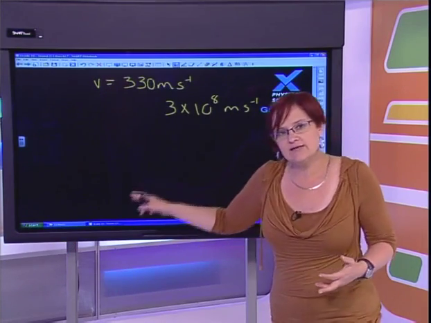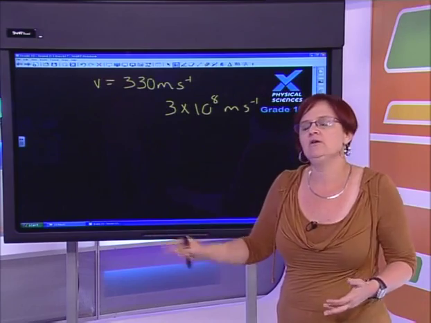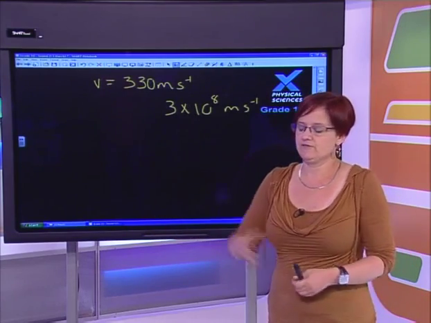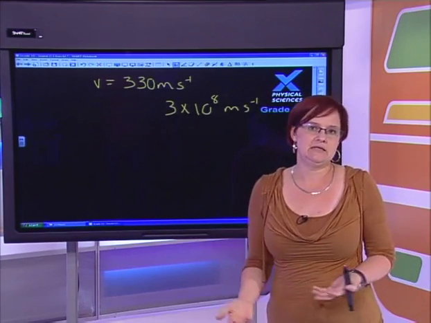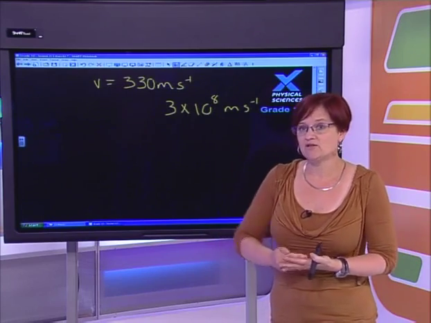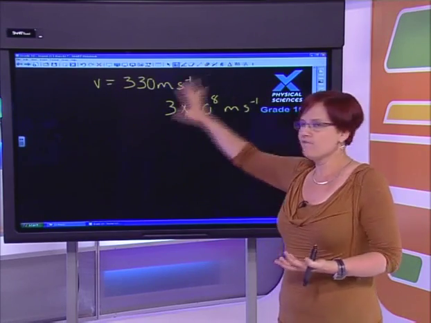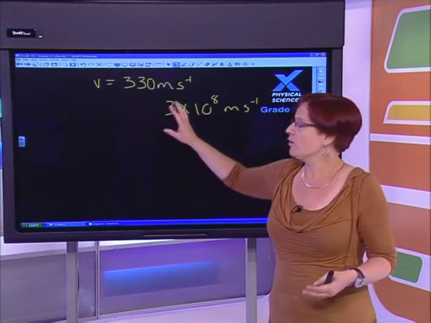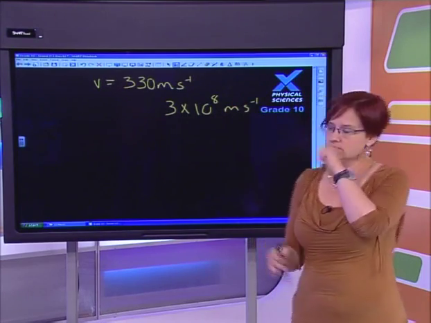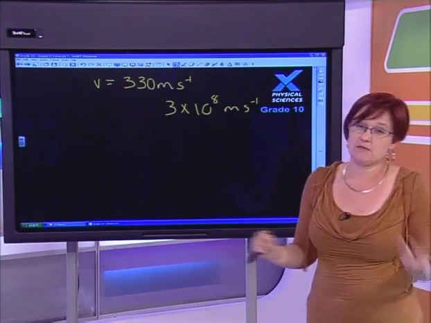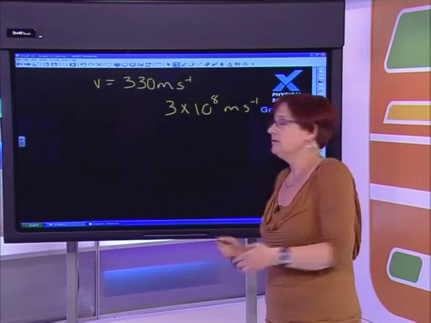And because it's electromagnetic in nature, the way it's formed is slightly different. And also, light doesn't need a medium, which means it's not dependent on what it's traveling through for its initial speed. Okay, and this 3 times 10 to the 8 is considered the maximum speed of anything.